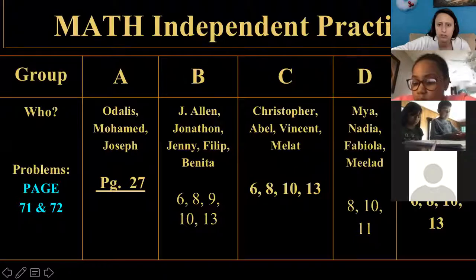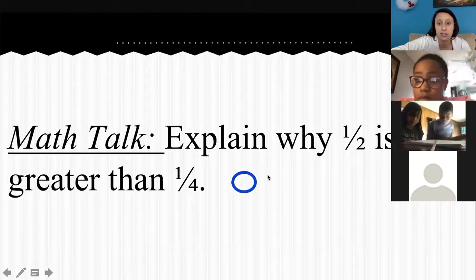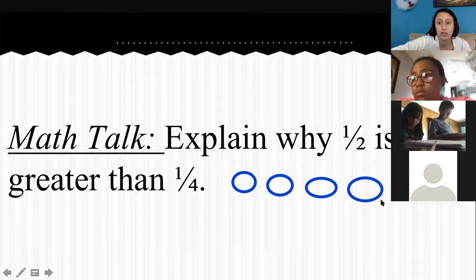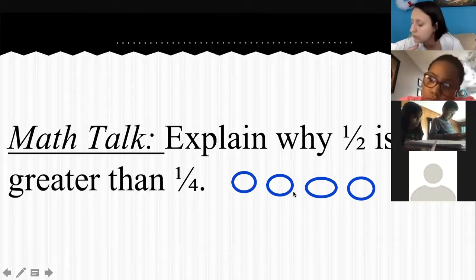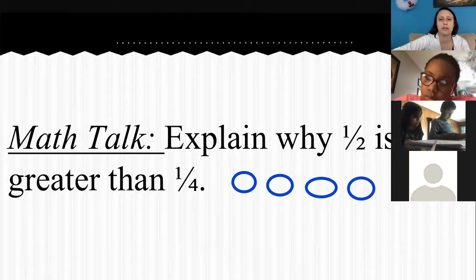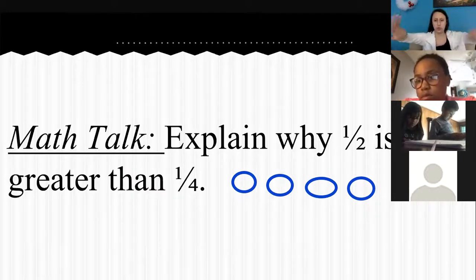All right, I have $1, $2, $3, $4. What would be fair if I said I'm going to give you half? What's half of 4, guys? 2 equal groups. Half is going to be 2 equal groups.